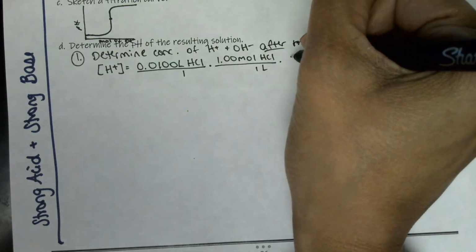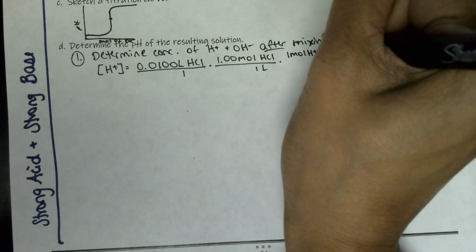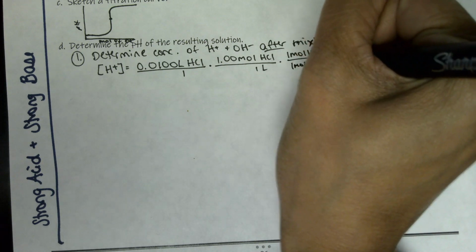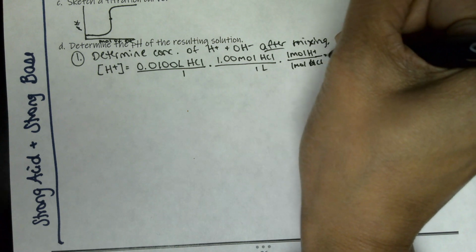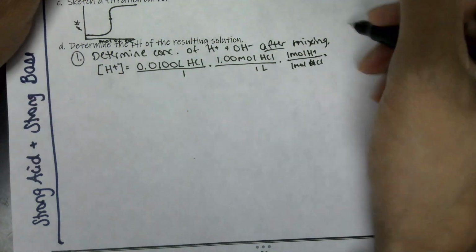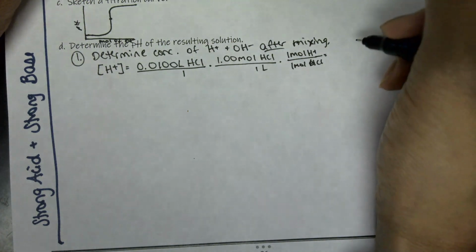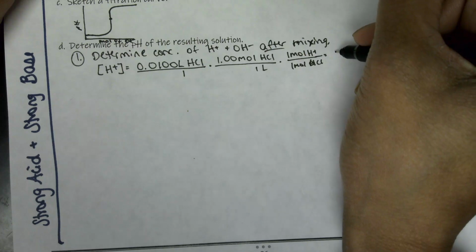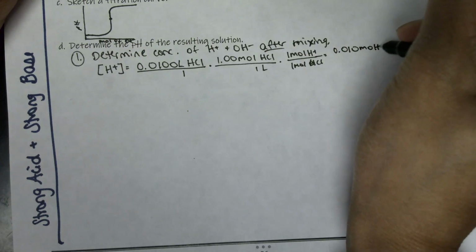And we should have 1 mole of H plus for every 1 mole of HCl. I know it doesn't seem to matter because it's just a 1-to-1 ratio, but sometimes you'll have more than a 1-to-1 ratio, so you want to make sure that we get that all figured out. So this is equivalent to 0.010 moles of H plus.